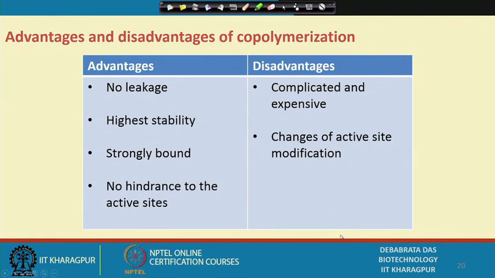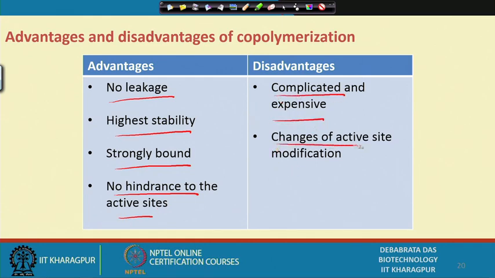Now, if you look at the advantages and disadvantages of this process: there is no leakage, highest stability, strong binding, and no hindrance to the active sites. The disadvantages are that it is complicated and expensive, and there are changes of the active site and modification. So, these are the different problems that we face with cross-linking.